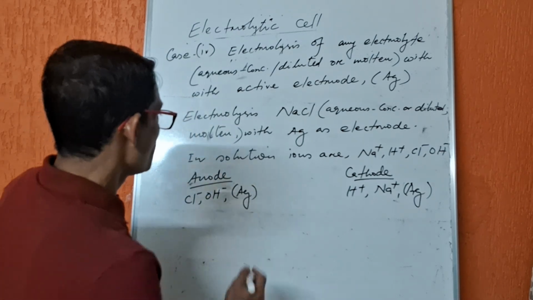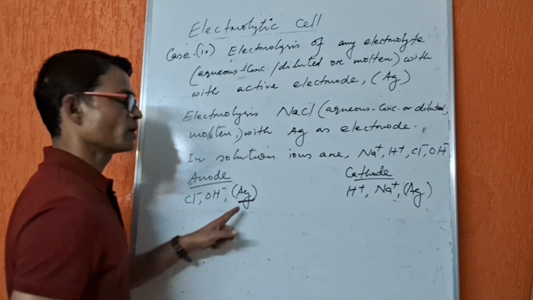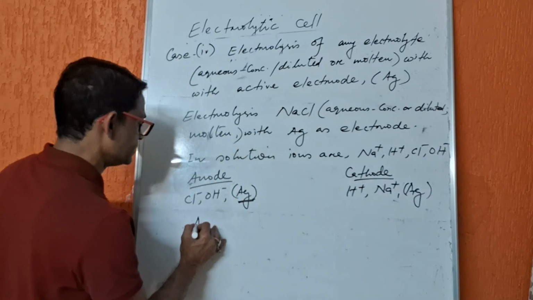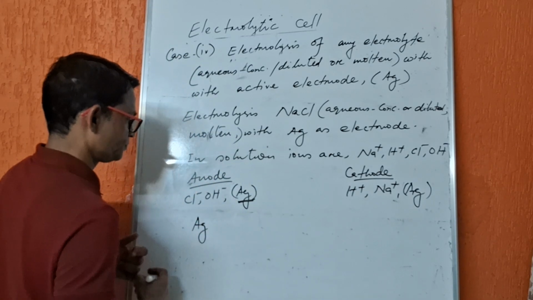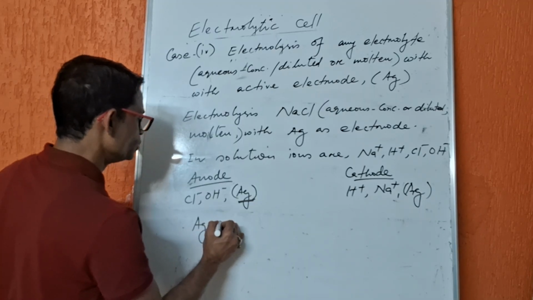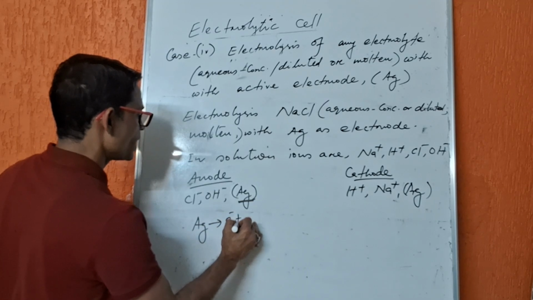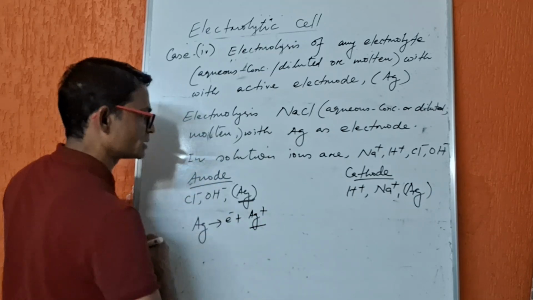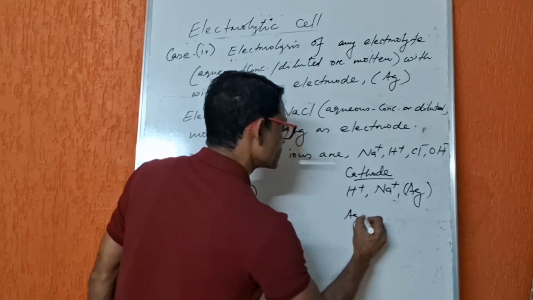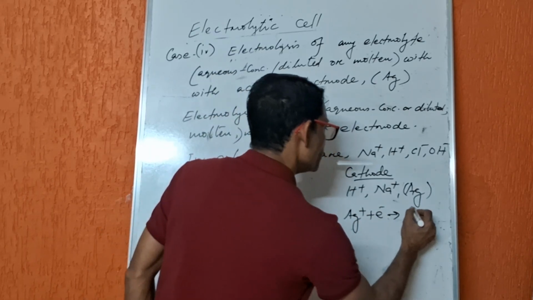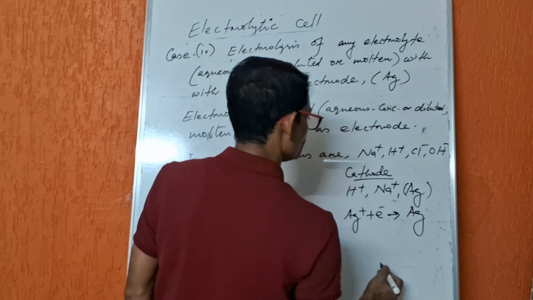First, oxidation of the active electrode will take place. That means Ag will lose an electron and Ag plus will form. That Ag plus will accept an electron and form Ag at the cathode.